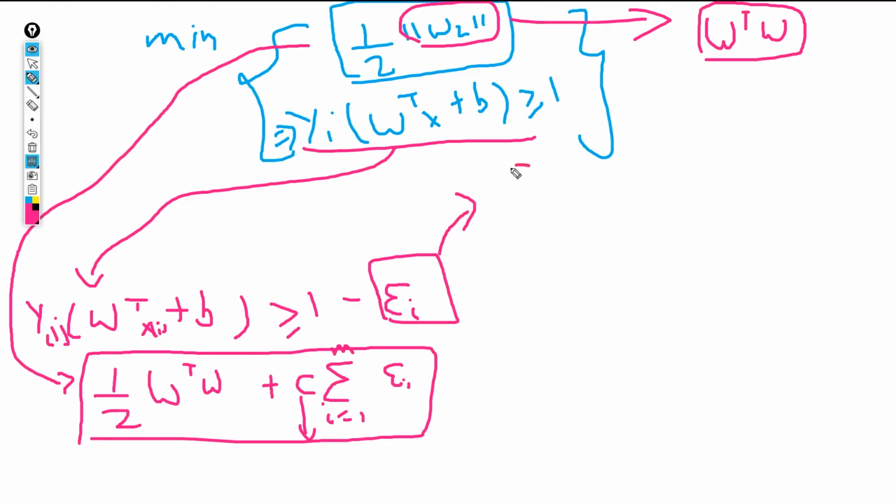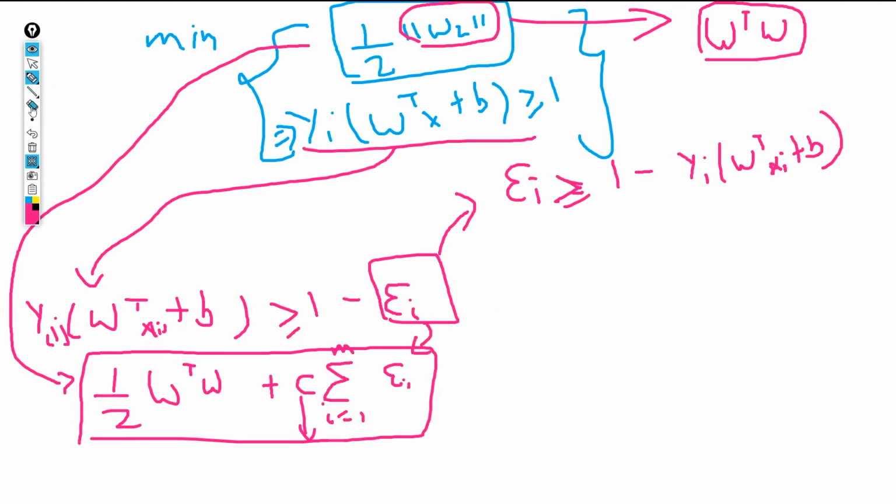Here we can say ei is going to be less than or equal to 1 minus yi (w transpose xi plus b). Okay, so ei could be this, and we are going to implement that value of ei in this part.